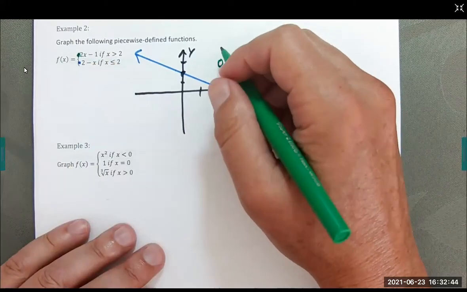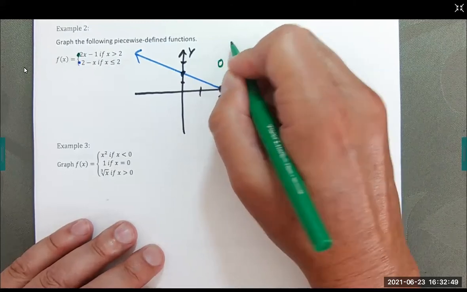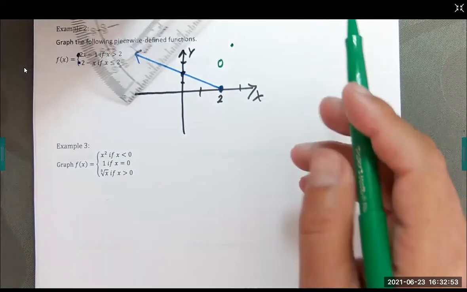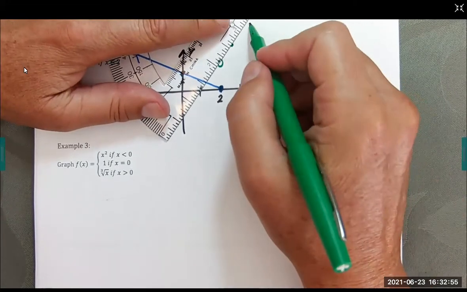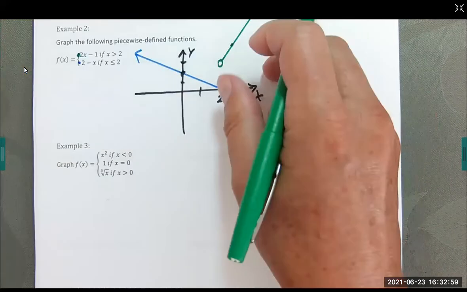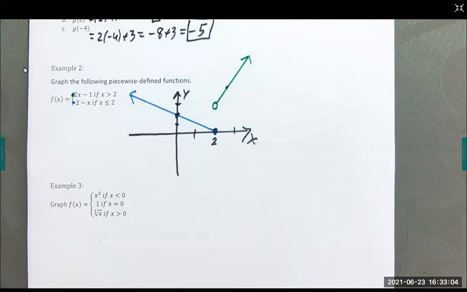But then I'm going to rise 2 and run 1. So it's going to be this line here. So there is our first piecewise function that we graphed.